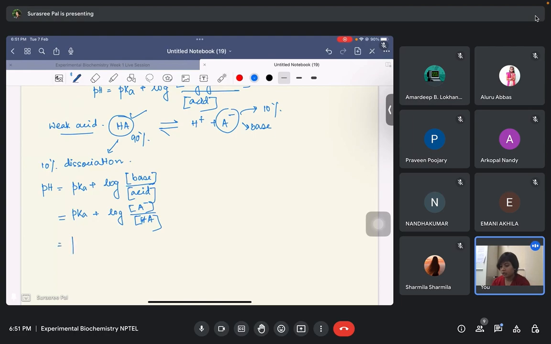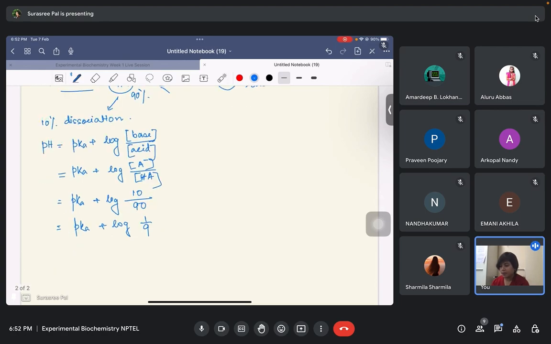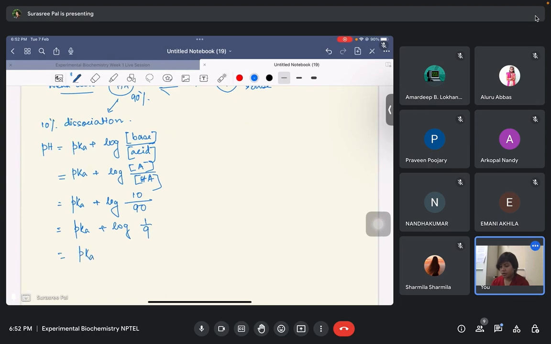So if we put the value here, the value of A minus will be 10 and the value of HA will be 90, right? So now if we calculate it, it will be log of 1 by 9, which is approximately minus 0.95, or we can say approximately pKa minus 1.